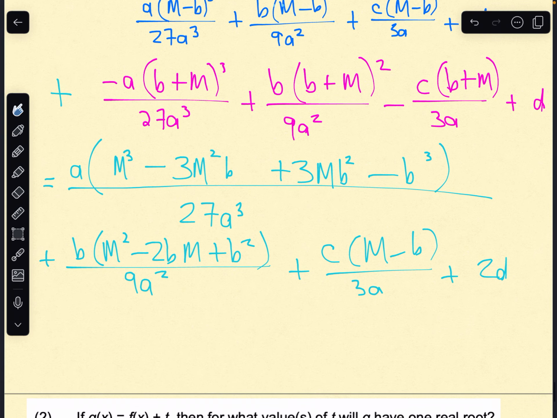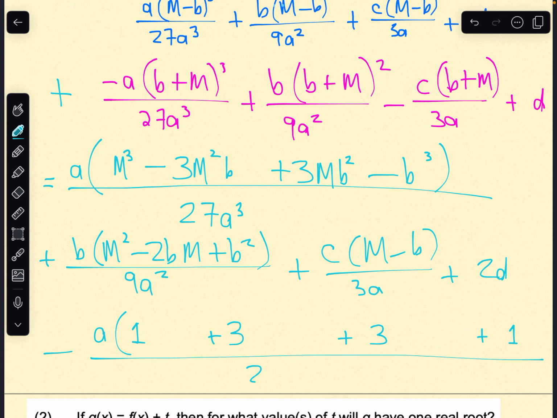Then we need to do this expansion now. So it'll be plus minus a, so we're just going to make that a negative term one time. So this is again going to be 1 plus 3 plus 3 plus 1 something over 27a cubed. Okay, so everything is positive, so we don't have to worry about signs this time.